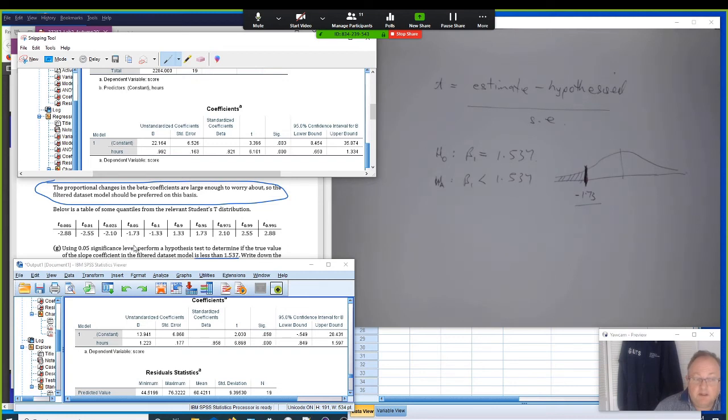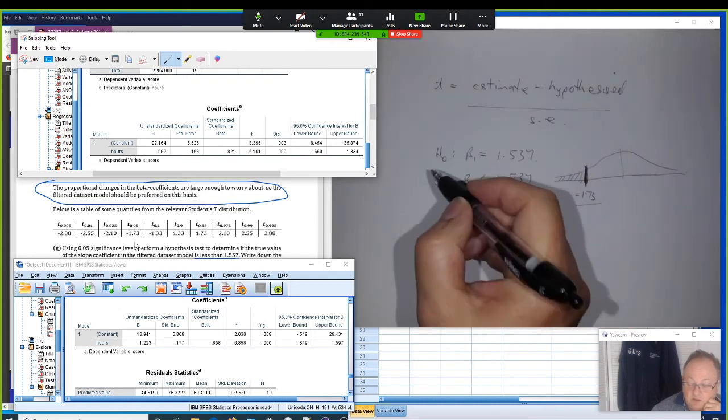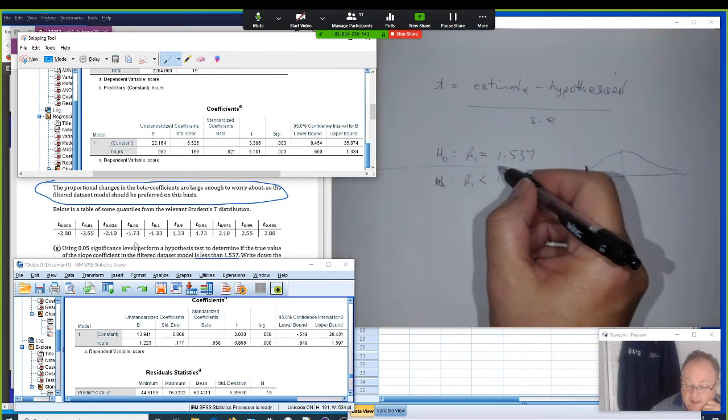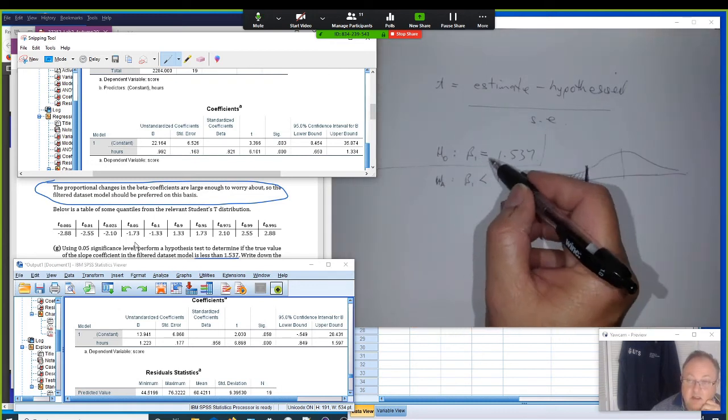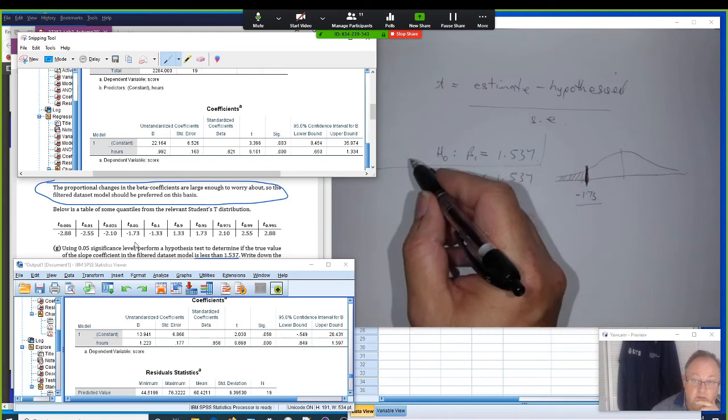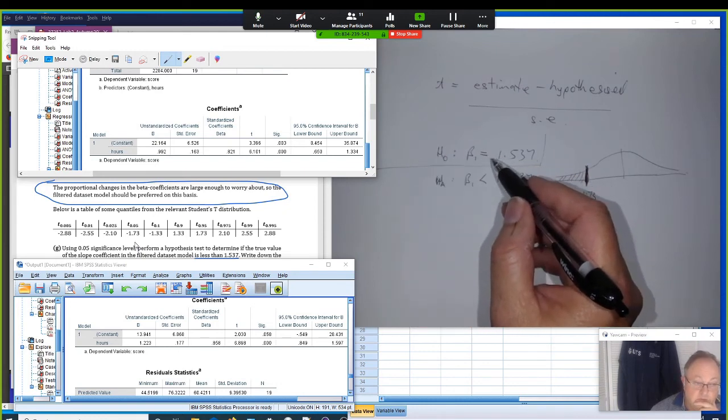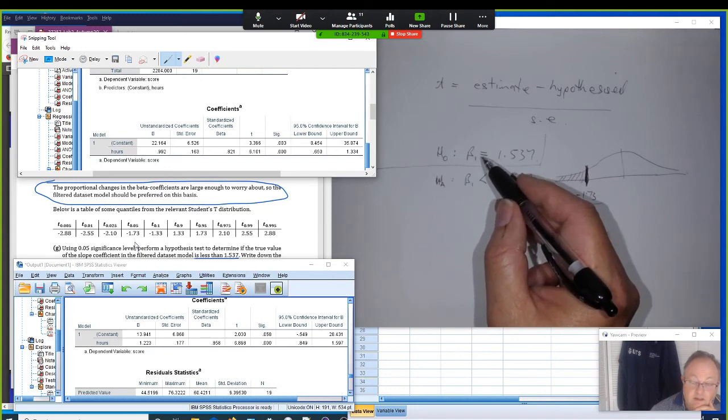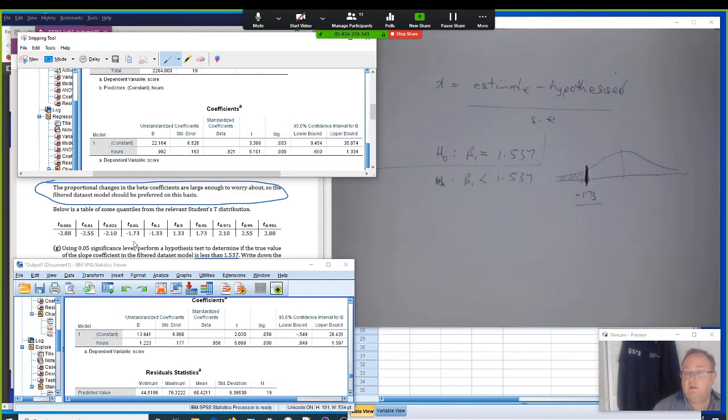H0 is only ever equal to. This is a fundamental idea now. We never ever use any other maths in the H0 part. We never ever use anything other than equal. And the reason for that is because hypothesis testing is a proof by exception.